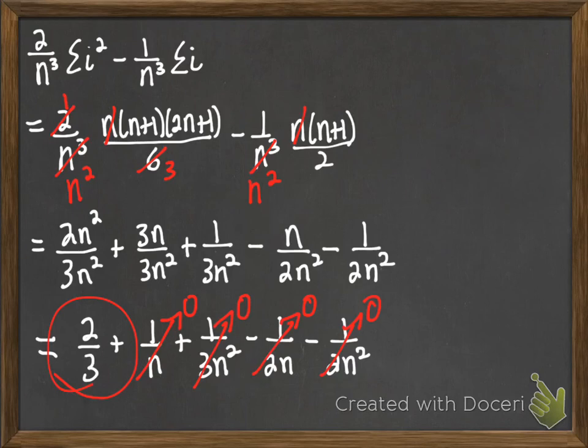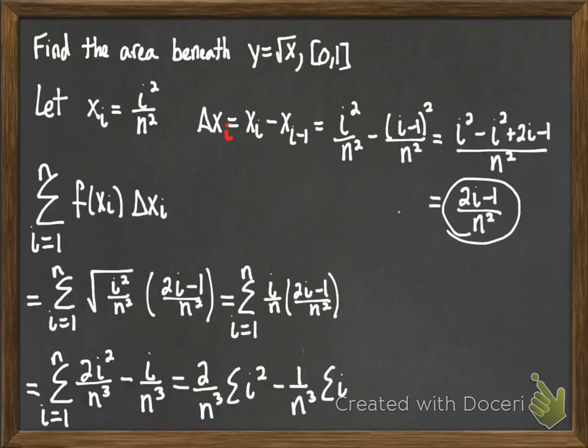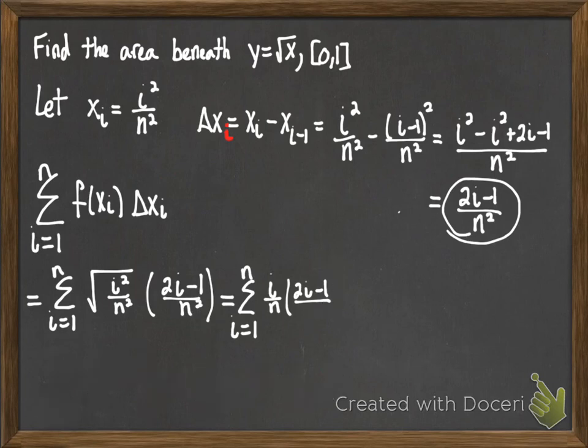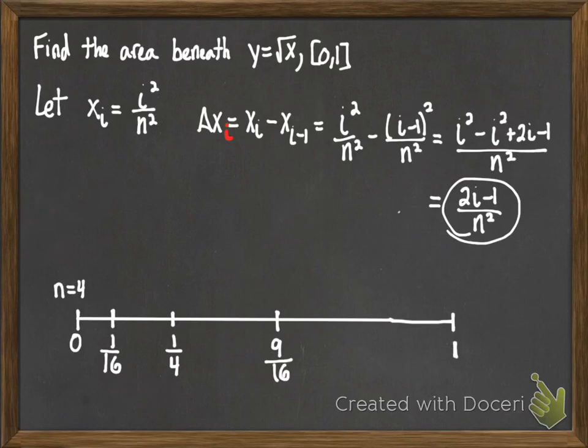Again, this one's a little bit harder because we have to set up a sum that's not regular. In other words, the interval sizes are not all the same size. And again, you can see that from that example that we did earlier when we looked at our number line here.